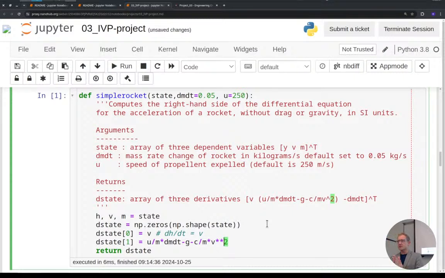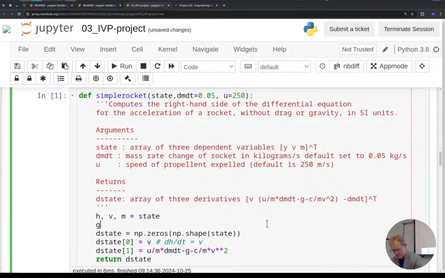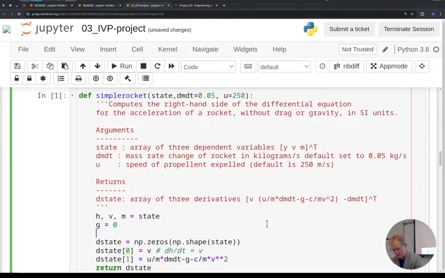When I take these terms, I'm trying to solve for the case when gravity is negligible and drag is negligible. So that means G equals 0 and C equals 0 for those terms, because we're trying to figure out what is the total effect there.